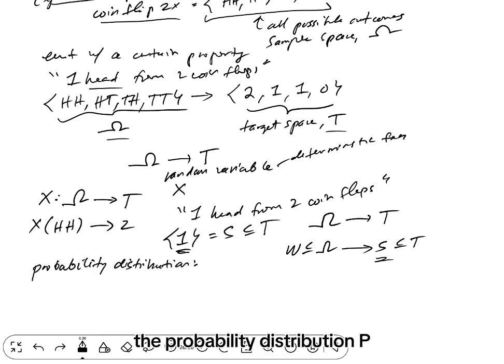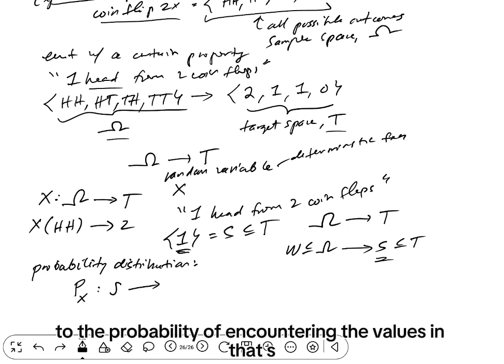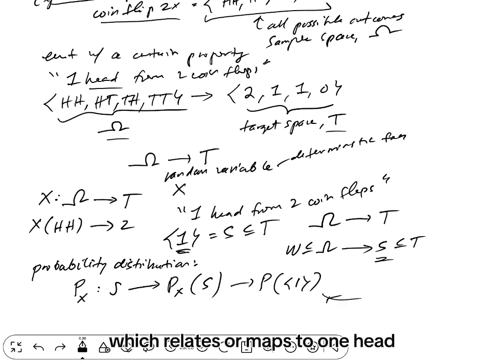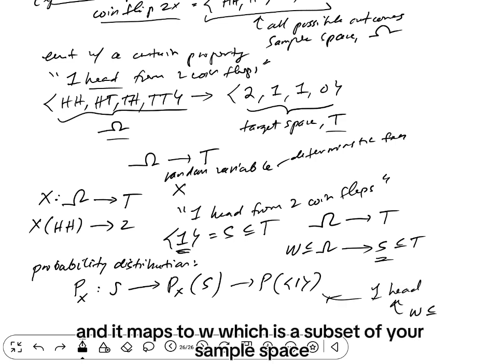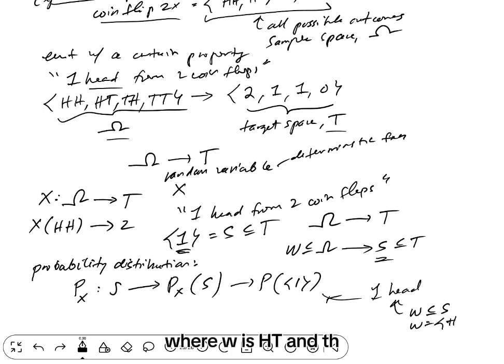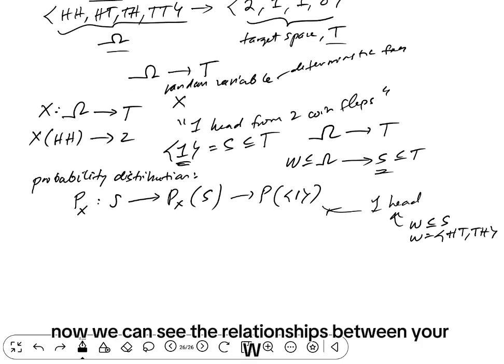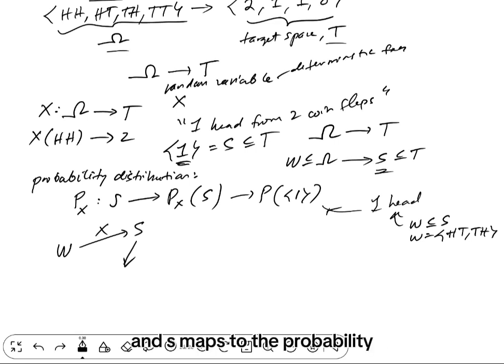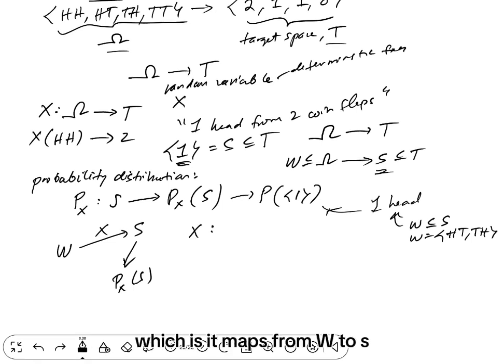The probability distribution, P, given your random variable X, maps from your S, which is a subset of your target space, to the probability of encountering the values in that S. In our case, the probability of encountering 1, which relates to 1 head, and it maps to W, which is a subset of your sample space, where W is HT and TH. Now we can see the relationships between your W relates to S by your random variable, and S maps to the probability of encountering that set of values in S, given the random variable X. Again, recall what X does, which is it maps from W to S.